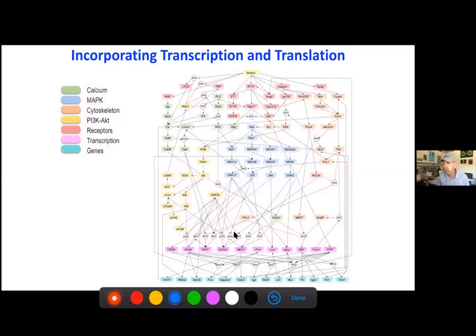And you can see that the driver of all of this is a mechanical loading or stretch. And this network came entirely from the literature, and you can see it has pathways for calcium signaling, MAP kinases, cytoskeletal signaling, PI3 kinase AKT signaling. These at the top are the receptors, these are transcription factors, and these are genes. All together in this model, we had 11 transcription factors.